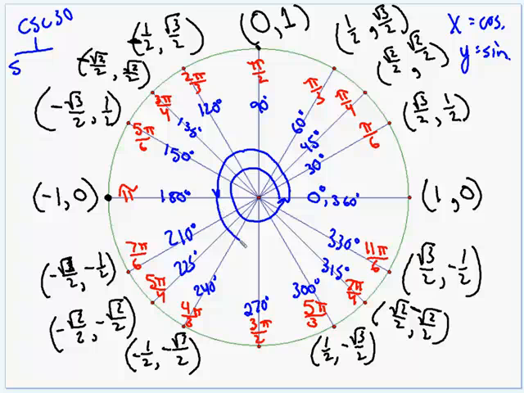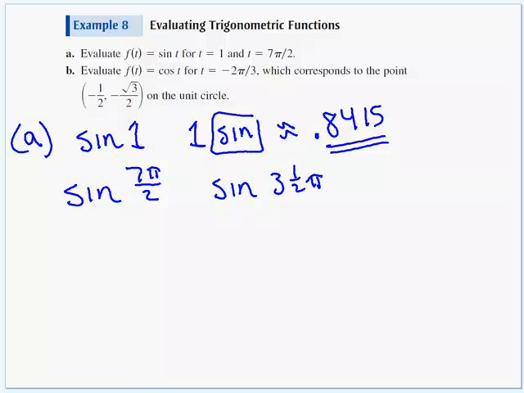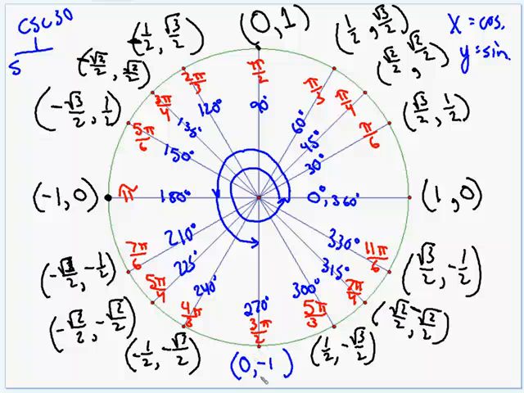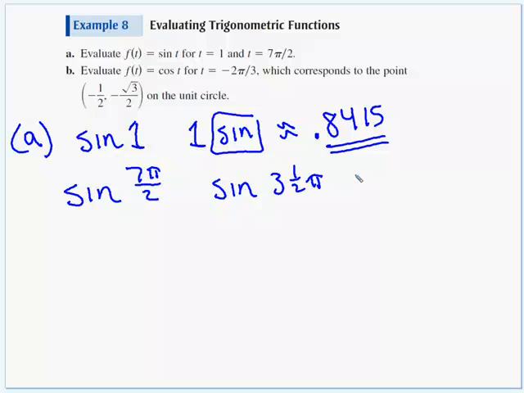So 3.5 would take us to the negative y-axis. And I forgot to put in our coordinates here. This is 0 x coordinate, -1 on the y. And for this problem, we are finding the sine value at this angle. So the sine value is our y coordinate, or -1. So that's equal to -1.